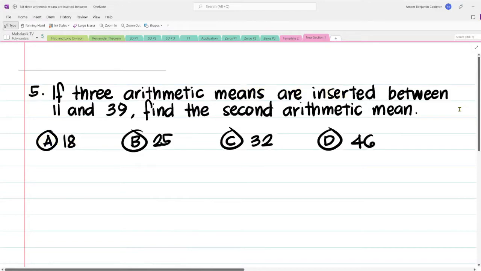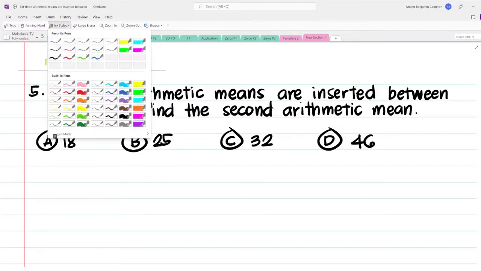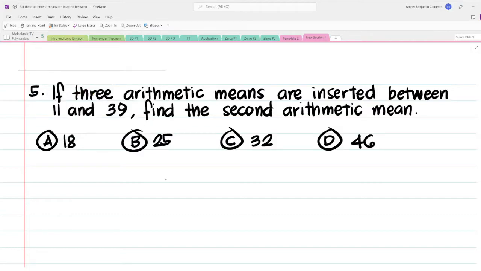If 3 arithmetic means are inserted between 11 and 39, find the second arithmetic mean. So we have here 11, and then we have to insert 3 arithmetic means between that 11 and 39.